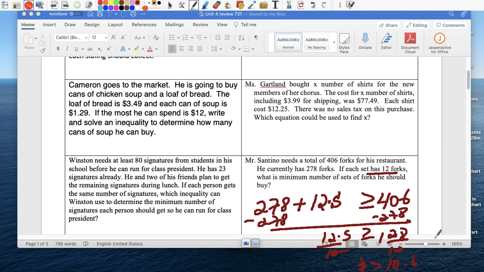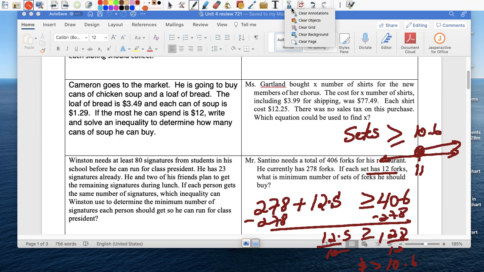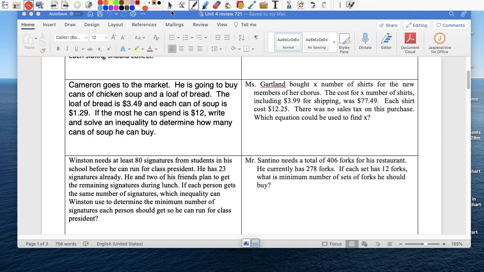So in order for him to end up with 406 forks, the number of sets that he has to buy has to be greater than or equal to 10.6. So as a graph, can he buy 10.6 sets? No. So the next number would be 11. So he needs to buy 11 sets or higher. Okay.